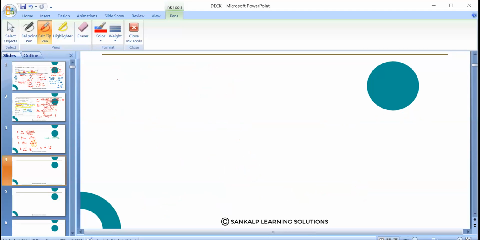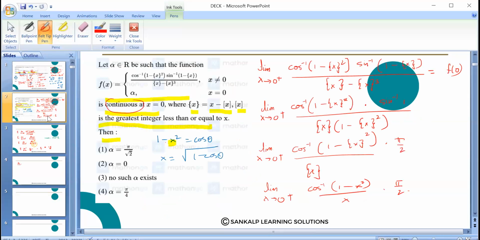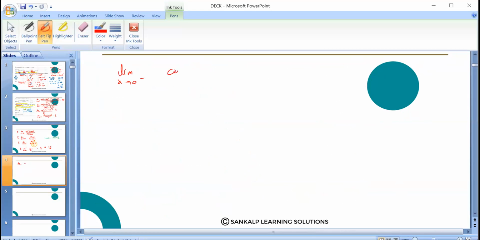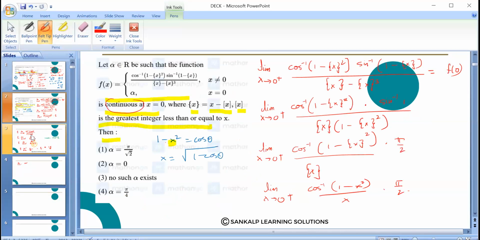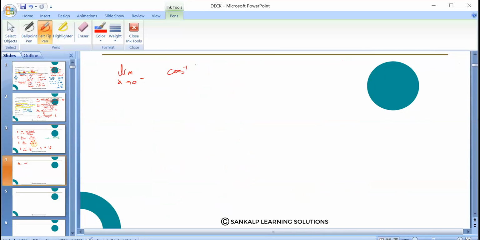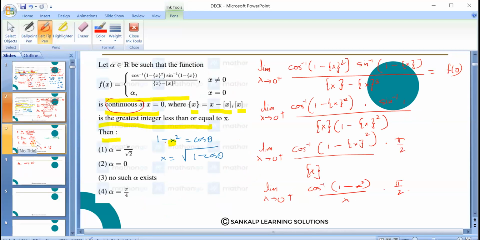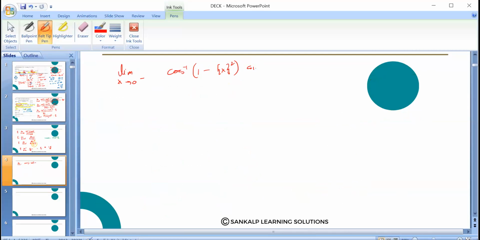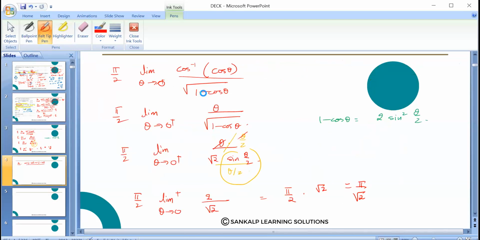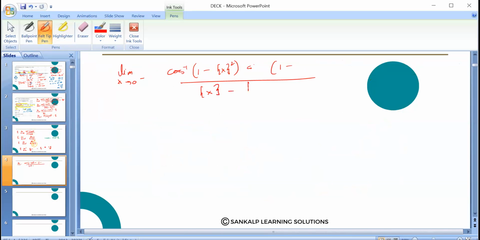But if you take left limit, limit as x approaches 0 minus cos inverse 1 minus x square, and then sine inverse 1 minus x by x minus x cubed.